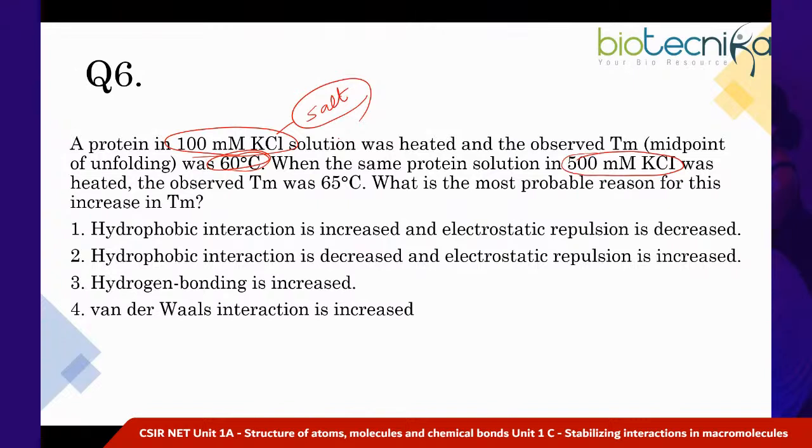Anybody knows? Like what happens to the protein in low salt concentration? What happens to the protein in high salt concentration? What do we call it? You probably might be knowing.